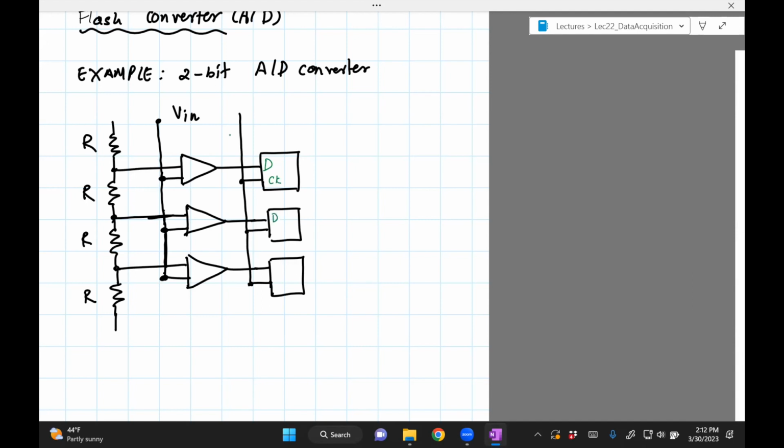So let's call this one D, and clock is fine. D, and clock. This is going to be the negative, positive, negative, positive, negative, positive.